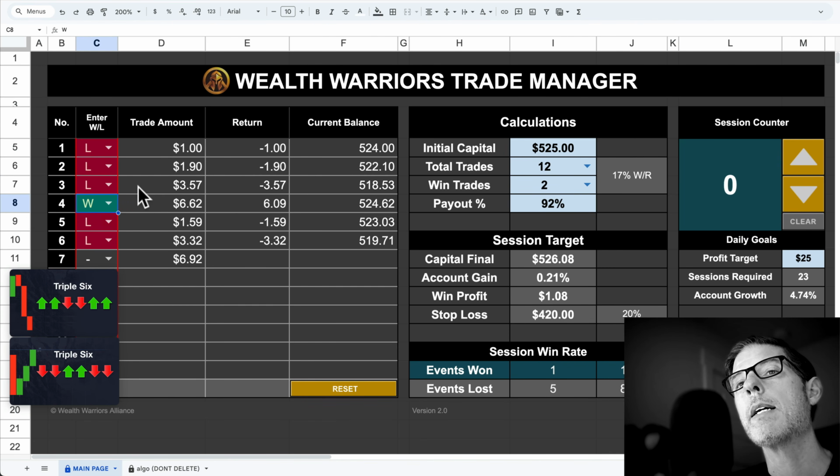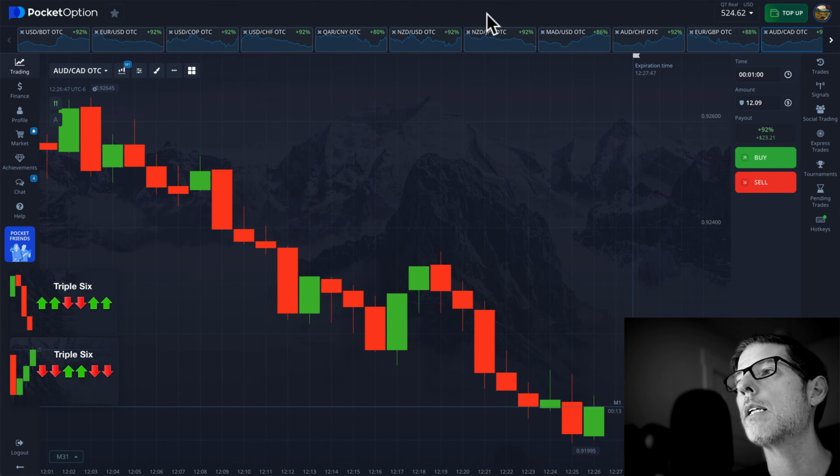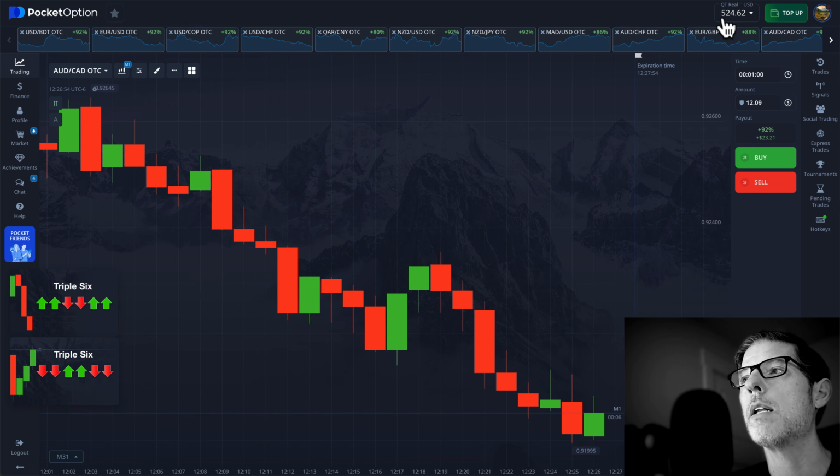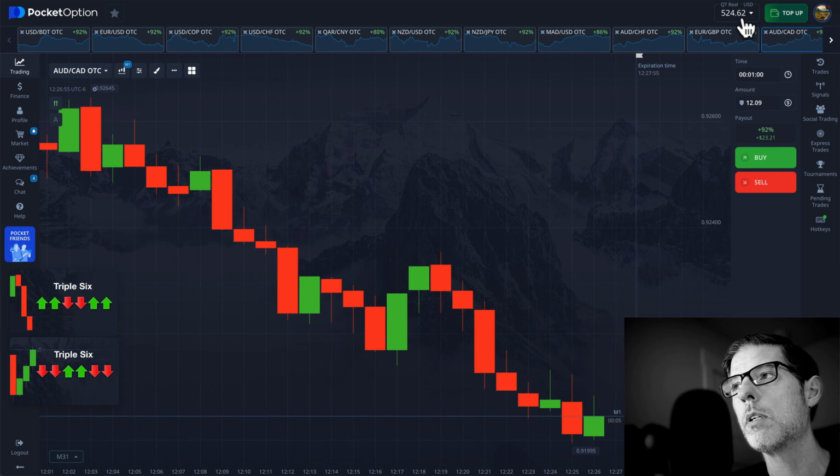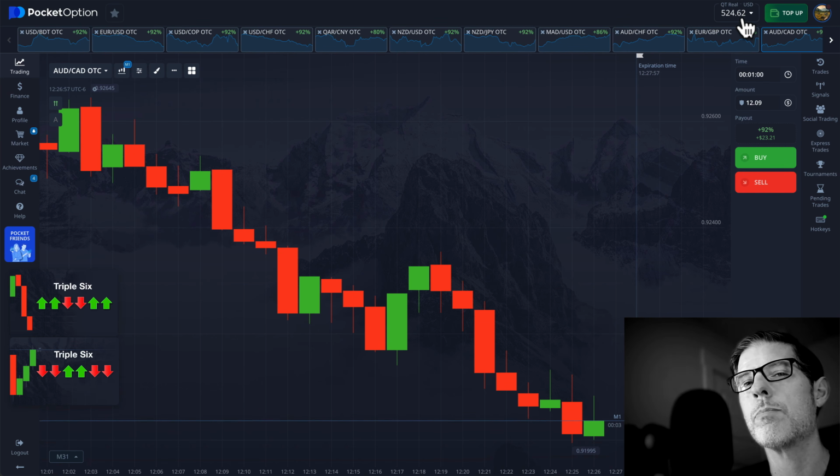Okay, so I can mark this as a win here and then continue to trade. But I'm going to go ahead and just keep it at an L. We're not entirely in profit. We're really close to where we were at 525. We're at 524.62. Not quite break even, but just a little bit.